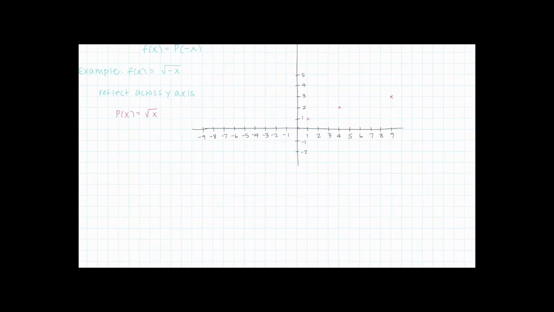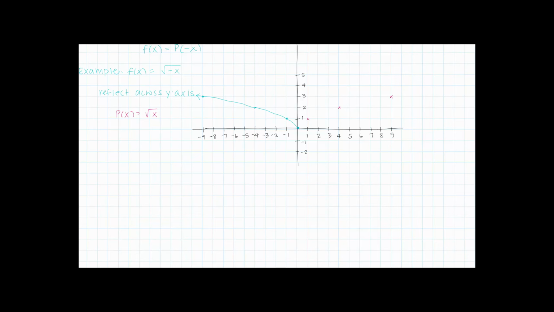When I reflect across the y-axis, the x values here that were positive are now going to become negative. So 0 will stay the same. Now I have 1 at negative 1, 1, negative 4, 2, and negative 9, 3. And so I'll connect those turquoise points together, and I get my lovely looking square root graph.